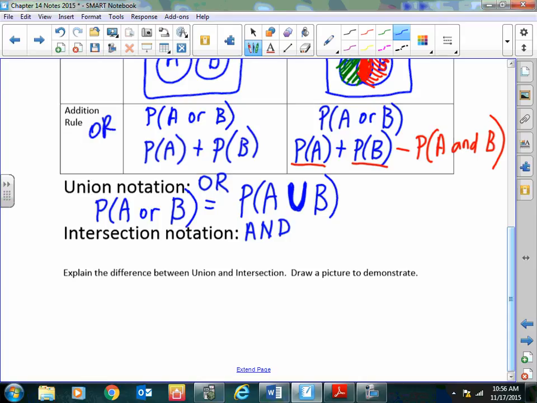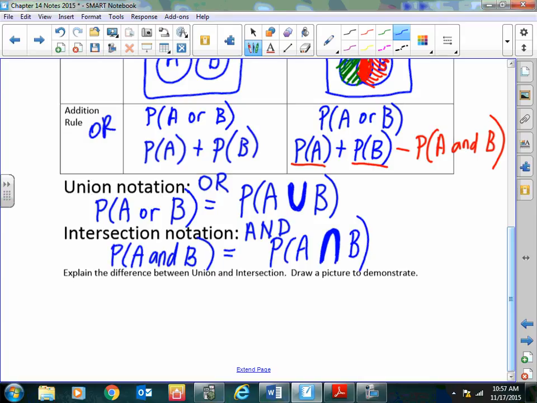Let's do intersection with the and. Probability of A and B will be written probability of A, and then you've got the upside down union, and that represents and. And here's the way I remember that. Of course, U is for union. I also think of it this way.